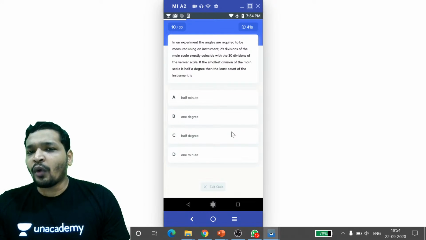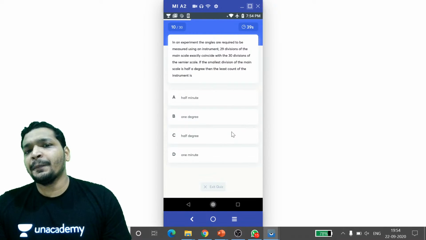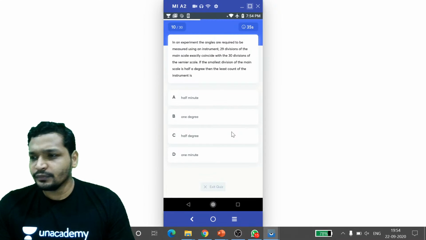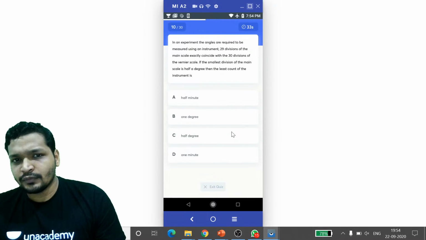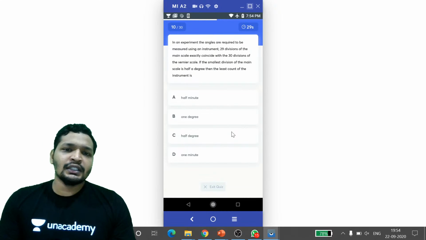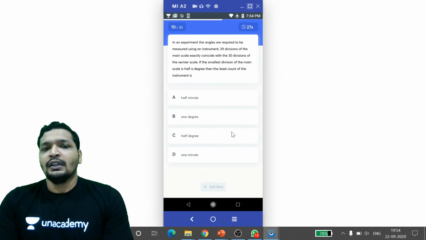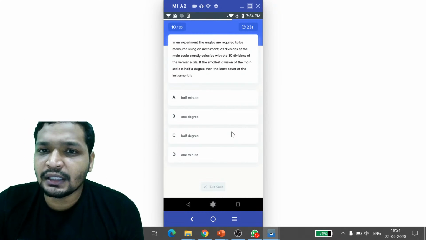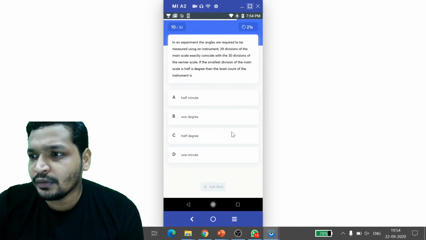All right. So the hint is 1 degree is equal to 60 minutes. That's how you would go about this question. What is the least count in this case? 29 divisions of the main scale exactly coincide with the 30 divisions of the vernier scale. If the smallest division of the main scale is half a degree, then the least count of the instrument is what?